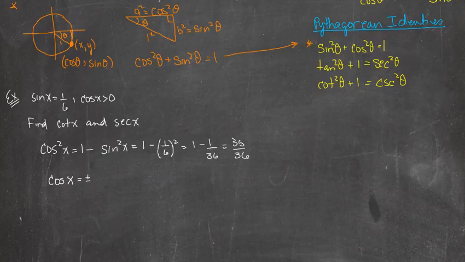So now I know what cos squared equals, so I can say that the cos of x equals the plus or minus, which is actually not necessary because I know that the cosine is greater than 0, the square root of 35/36, which means the square root of 35 over 6. So my cos value is root 35 over 6. Now finding cotangent is super easy.